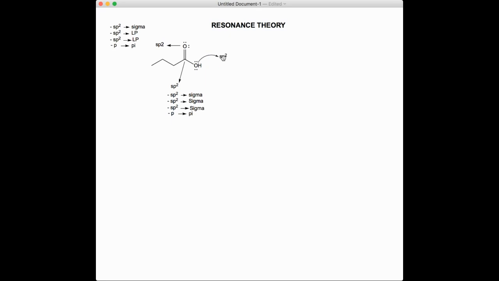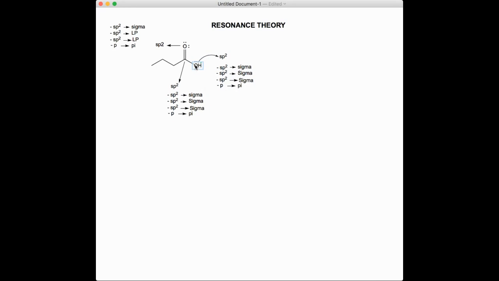So every atom with lone pairs next to an sp2 atom will be sp2 hybridized, and then following the same reasoning here, I'm gonna ask you guys in which orbitals the lone pairs of these oxygens reside.